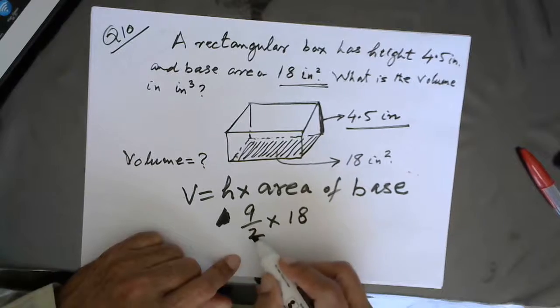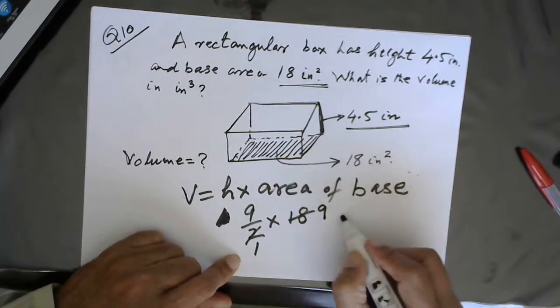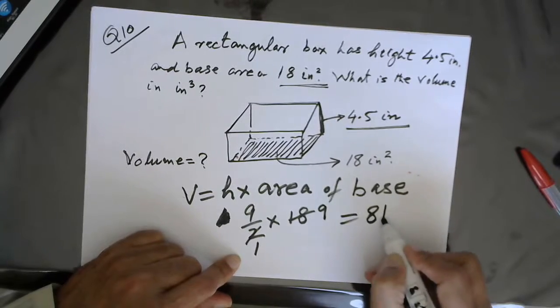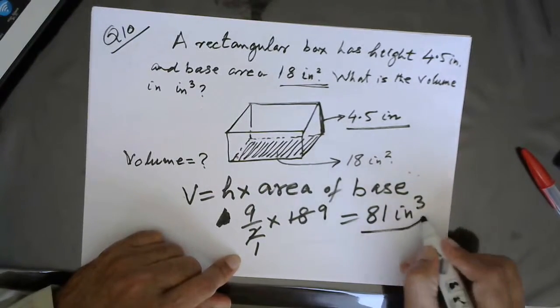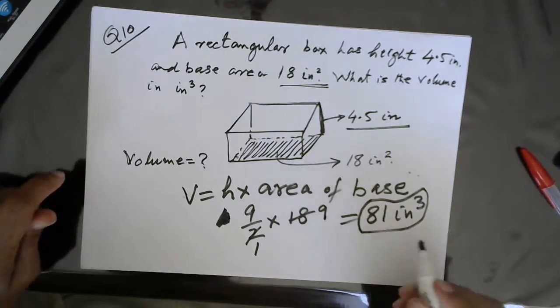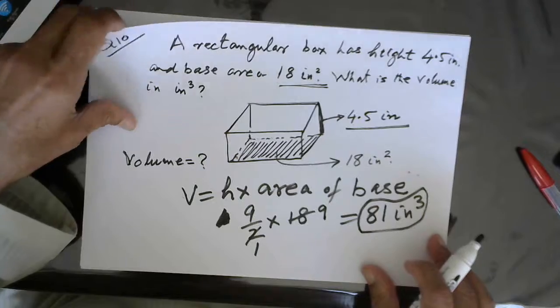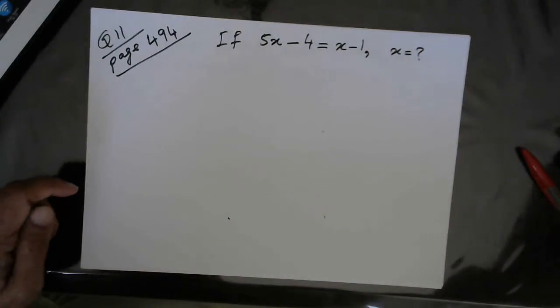So we can say 2 ones are 2, 2 nines are 18, and 9 nines are 81 inches cube. This is the answer. 81 inches cube or 81 cubic inches. Okay, so that was number 10.